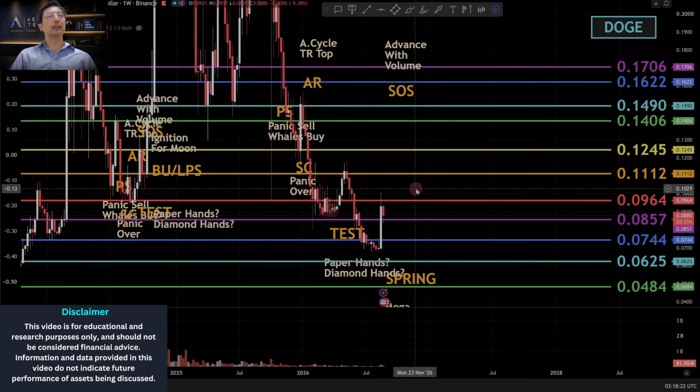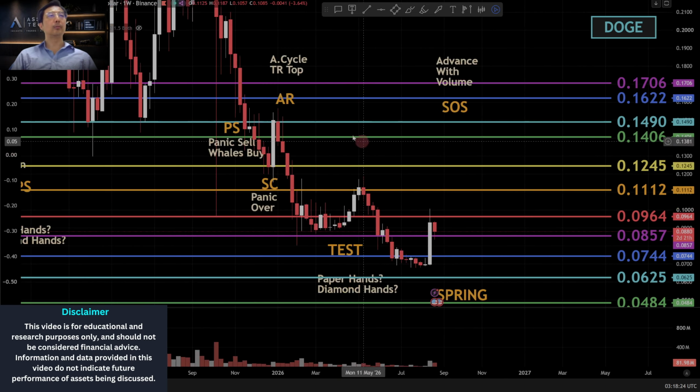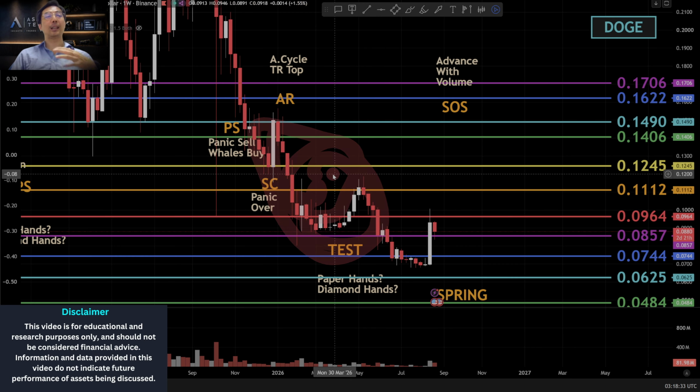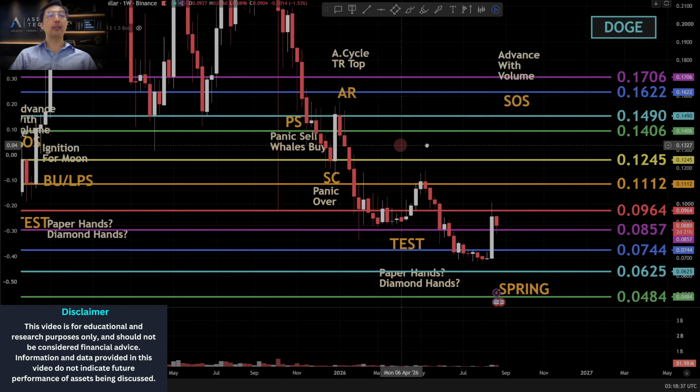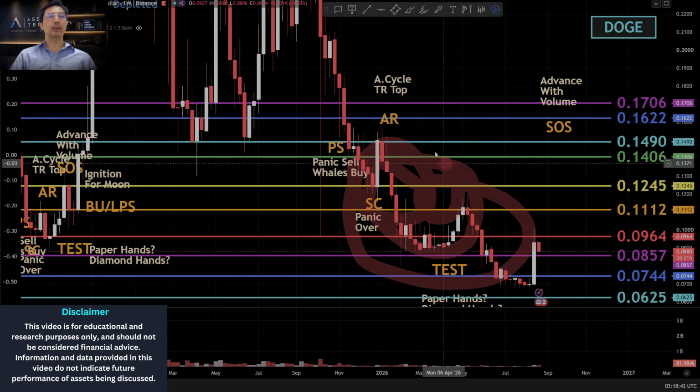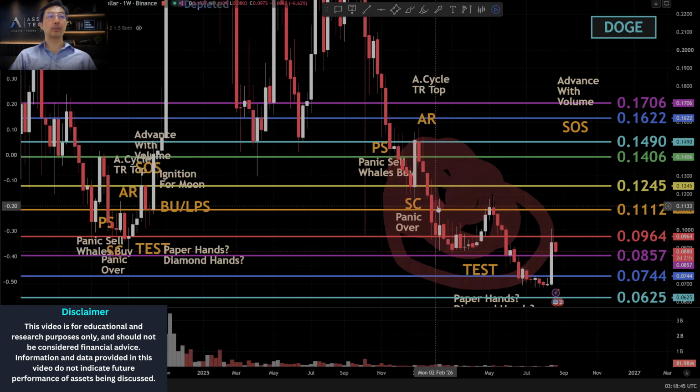However, the key is not whether you mark those at the exact location. The key is you identify that the accumulation has started and that the period of high volume crazy price drop is over. That's the key part in the early stage of the accumulation.